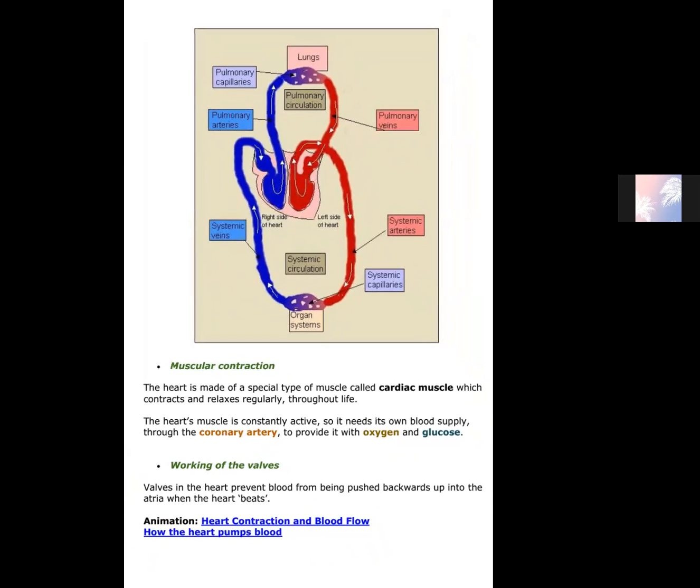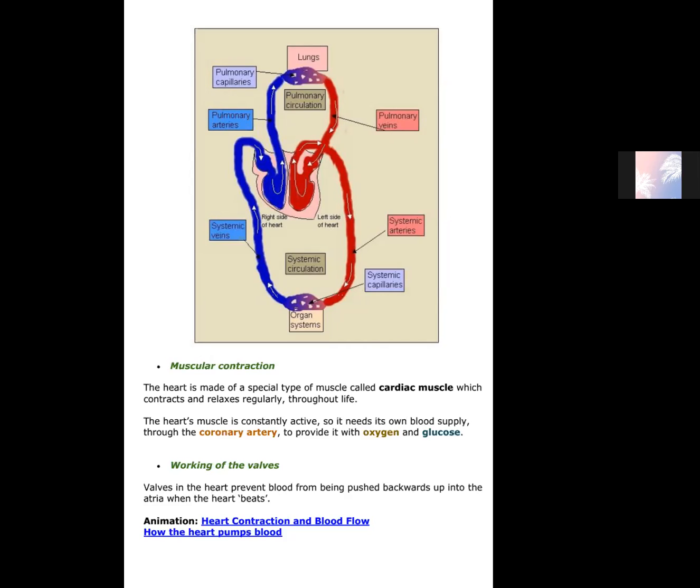As earlier mentioned, the heart is made up of special muscle cells known as cardiac muscles. They have intrinsic rhythmicity. They can contract and relax regularly throughout the lifetime. They are constantly active, so they need energy.